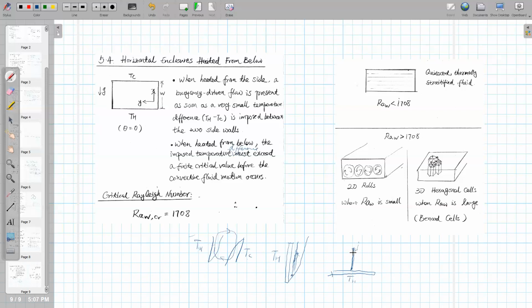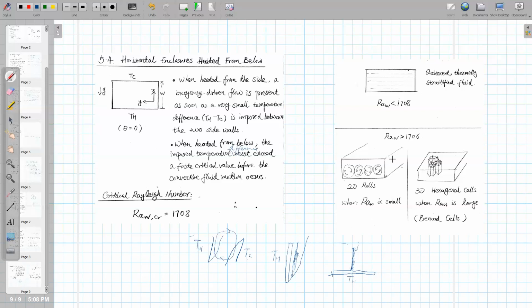I believe this is the reason why in these horizontal cases the temperature difference has to be large enough to guarantee that fluid motion does happen, because the streamline direction is really vertical between these two plates. This is my understanding.